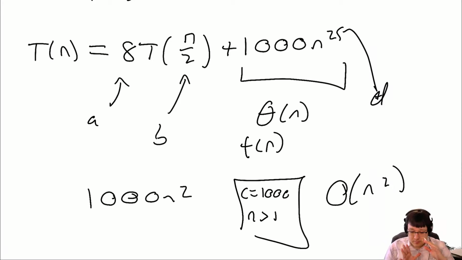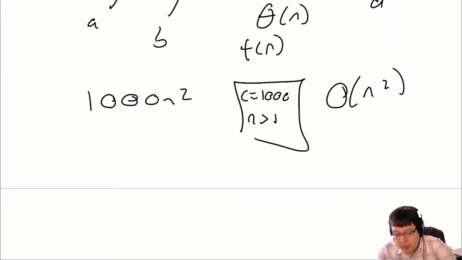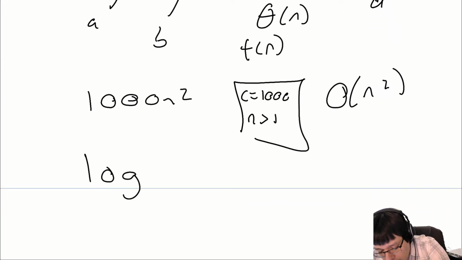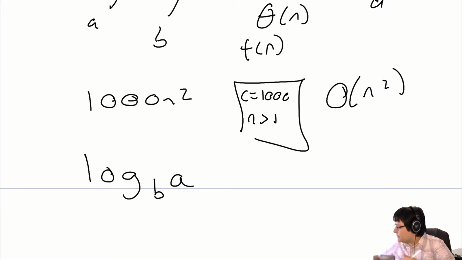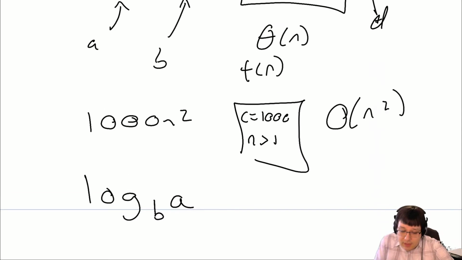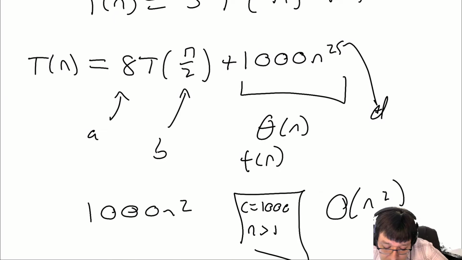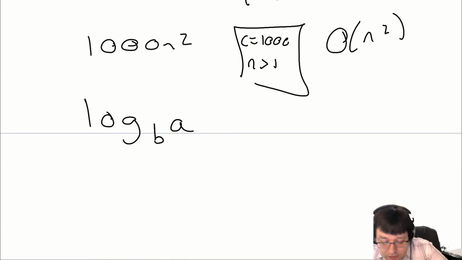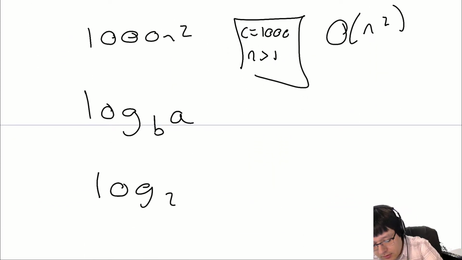So we got our A, we got our B, and we got our D. Remember, we have to take the log base B of A, right? So let's take the log base B of A of this. The A is 8 and the B is 2. So that's 2 to what power is equal to 8?